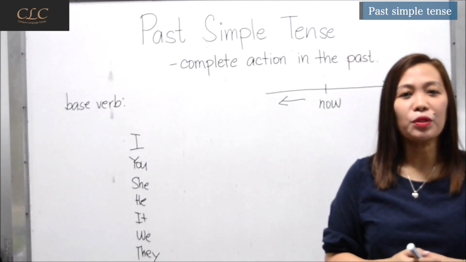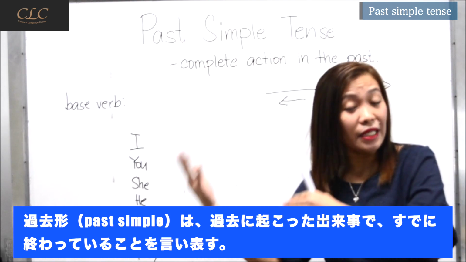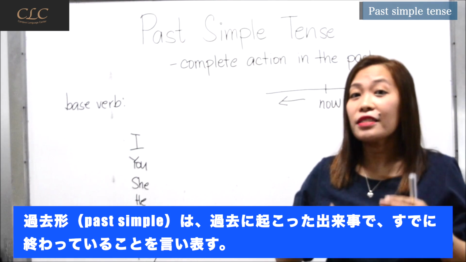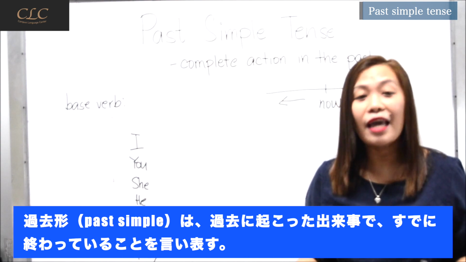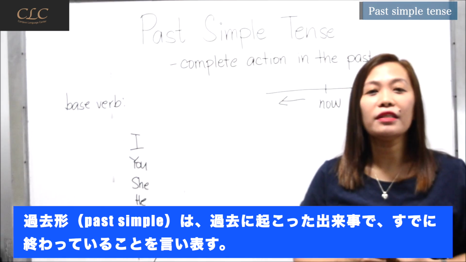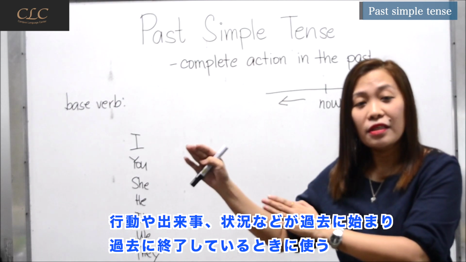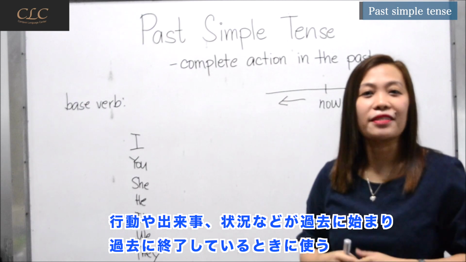But past simple tense specifically talks about something that happened in the past and it's already finished and over. We can talk about an action, an event, or a situation that started and ended in the past.